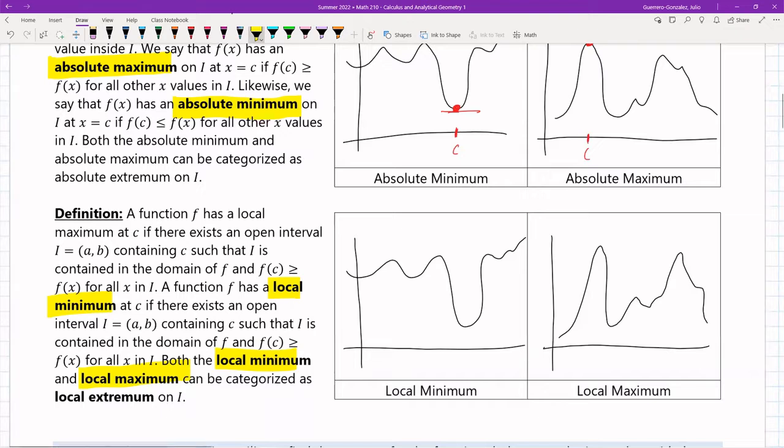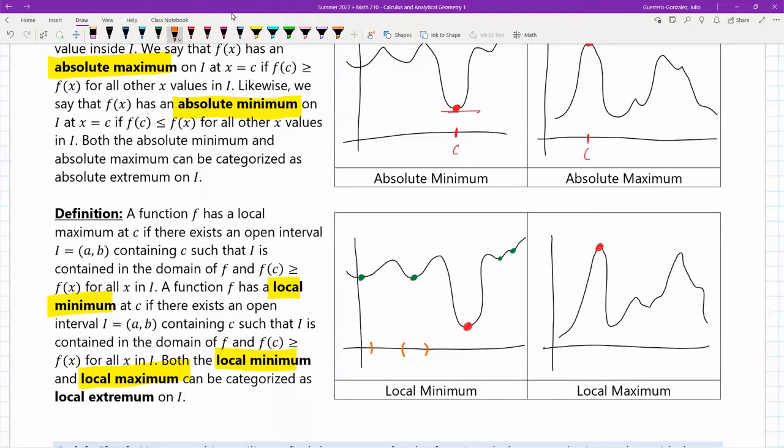That's it. Okay, so we know that these are your absolute max and mins, right? But we can consider these other points. So this other little dip right here, this other little dip right here, this little dip right here, this dip right here. Those are all called local minimums. I can draw a little interval around that point.